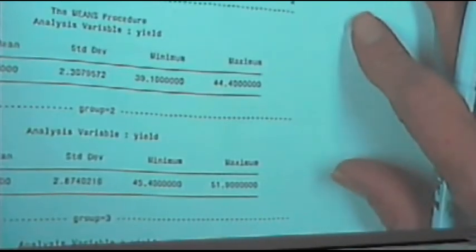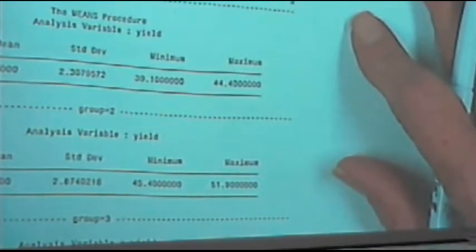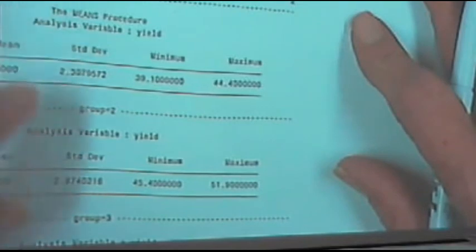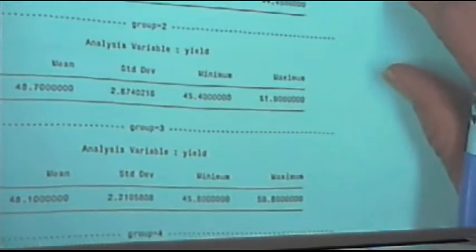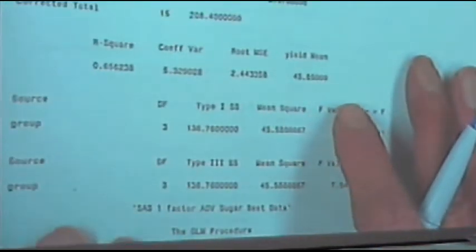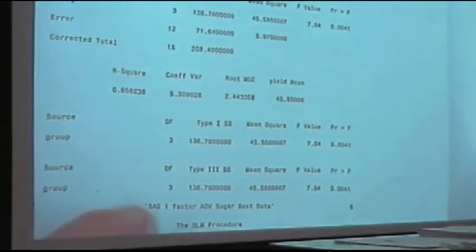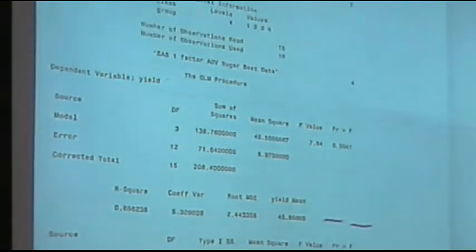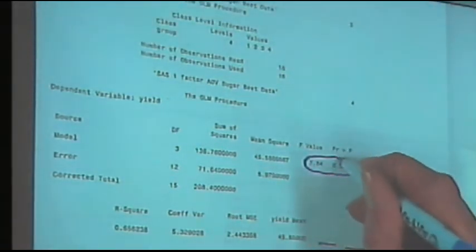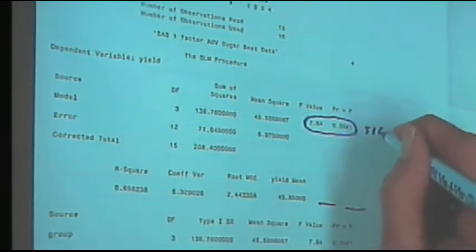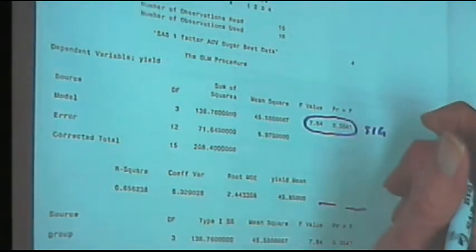So first of all, we have a print of the data. Then we have the means and standard deviations for group 1, group 2, group 3, group 4. Then we can go to the third page, and we see the ANOVA table. And the F statistic is high, the p-value is low, we have a significant factor effect there.